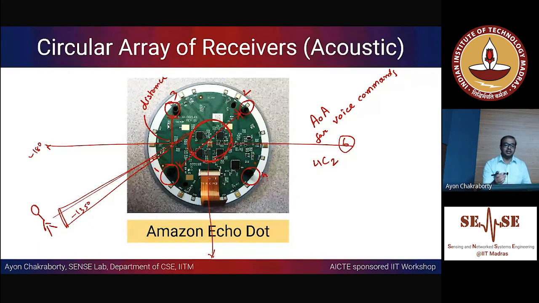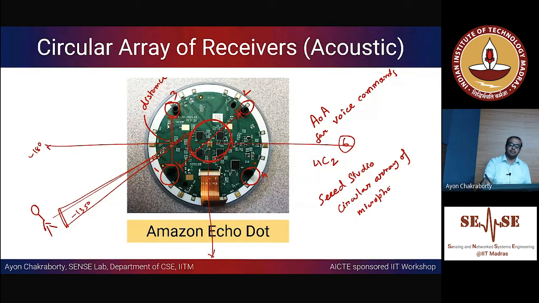Okay, so in this case, this is not a linear array of receivers; it's a circular array of receivers. And this is something that you can buy, right? There is a company called Seed, I think they use 3 E's for some reason, Seed Studio. They are going to sell you all this circular array of microphones, and you can program them.